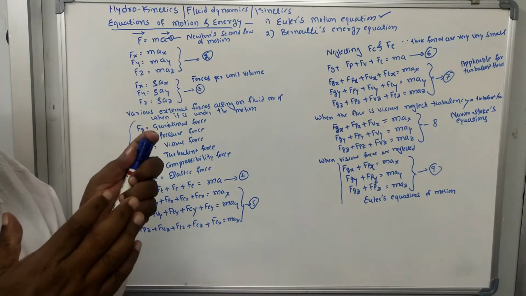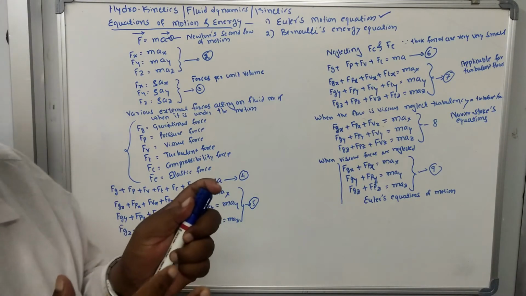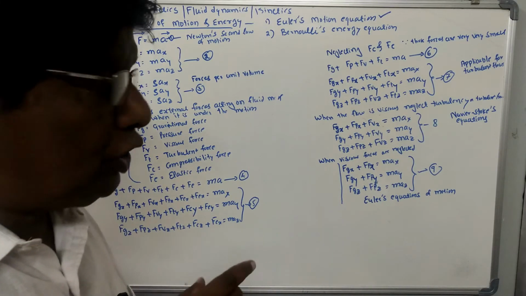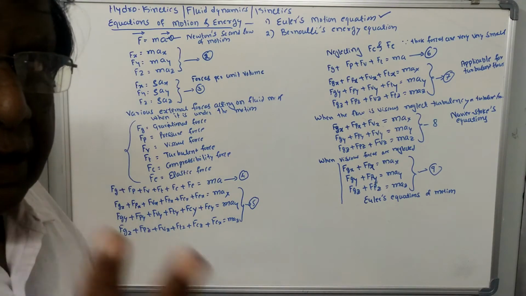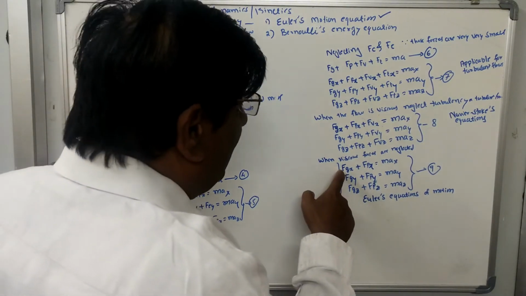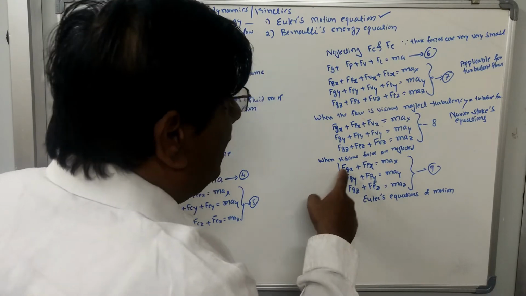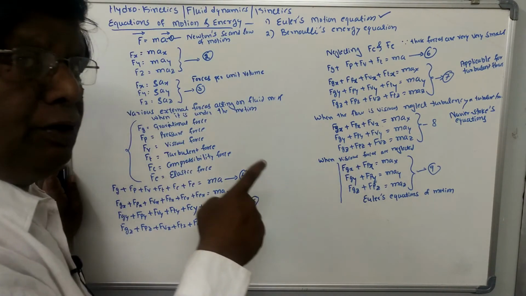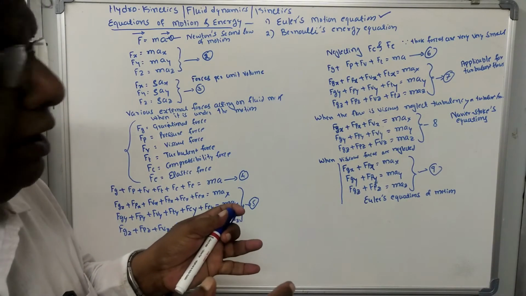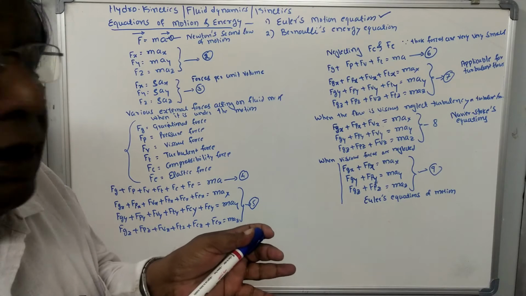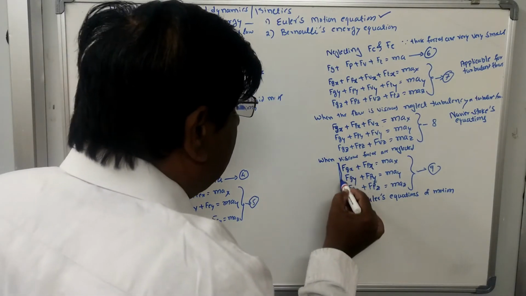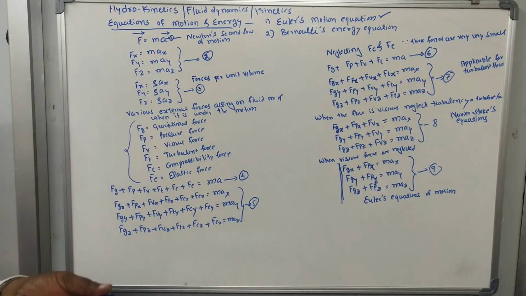In the mathematical derivation of the Euler's motion equation, we are considering only two external forces, the volumetric force or gravitational force and the pressure force, which act on the fluid mass when it is in motion. Based on this, we will derive the Euler's equations.